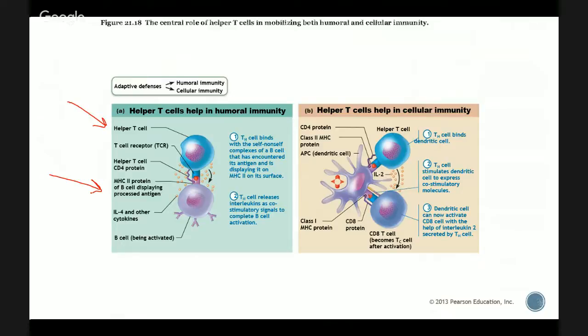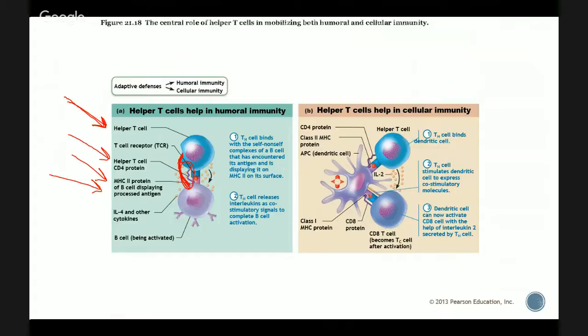Did you see it? Yeah, I did. So the helper T cell comes along. Says, hey, there's a bad guy out there. Do you see him? Yeah, I see him. Is this him? Yeah, it's him. So what happens is we form a latch here. You're seeing that here. So the helper T cell CD4 protein latches onto the MHC complex of the B cell.